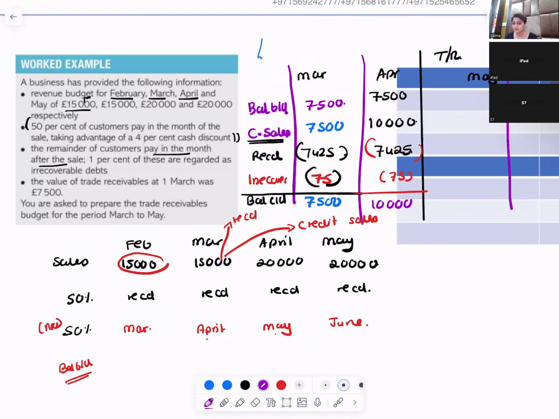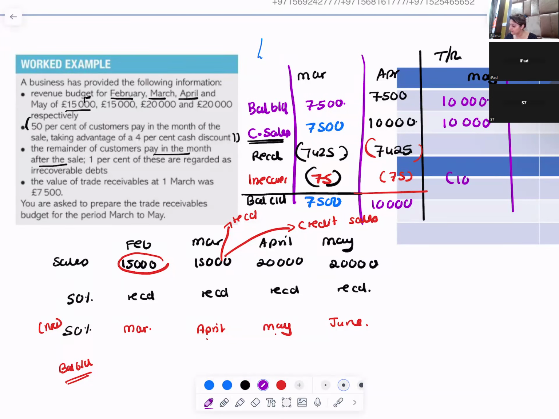Now, opening balance of May would be how much? 10,000 again, and credit sales would be again 10,000. Then you will be subtracting 1% of 10,000, which is 100.